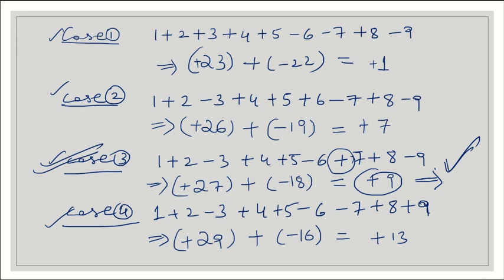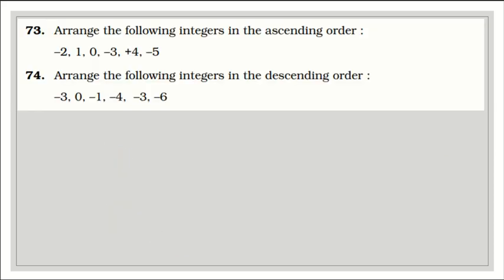So you need to learn the short, crisp way of thinking very much in this sort of questions. Now coming to the 73rd question and 74th question. Very simple questions. Arrange the following integers in ascending order.